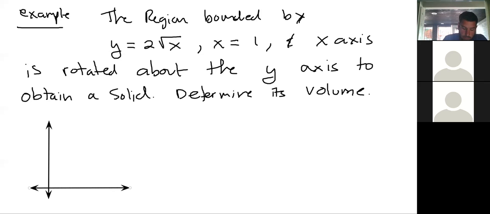The square root of x times 2 has a graph that looks like this. When you plug in 4, it spits out 4. The graph looks like this.